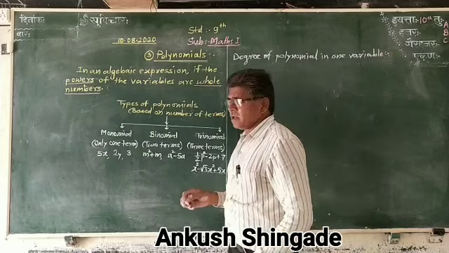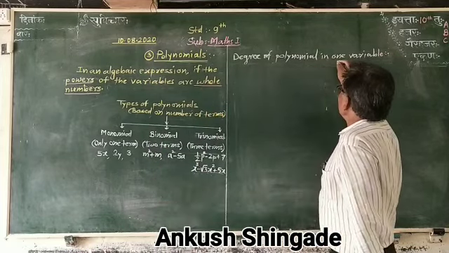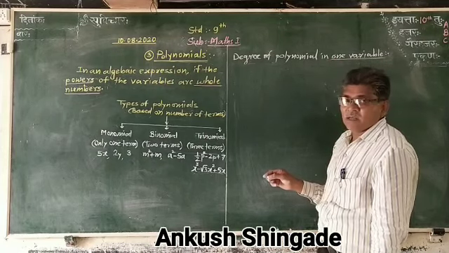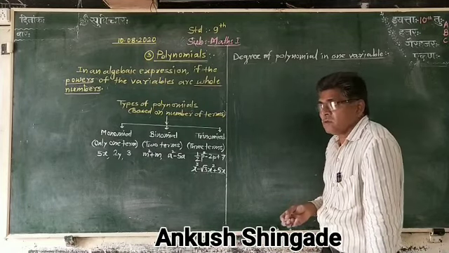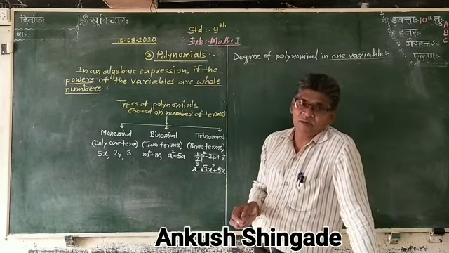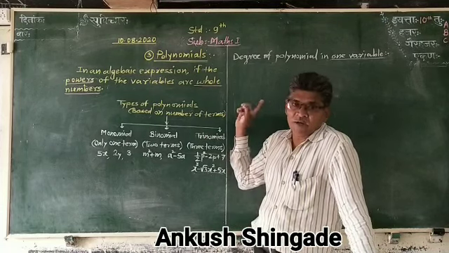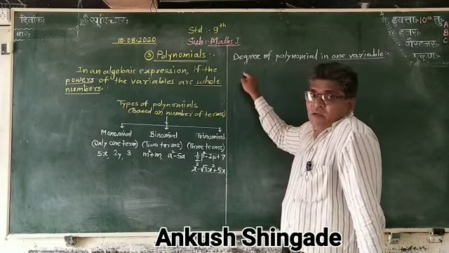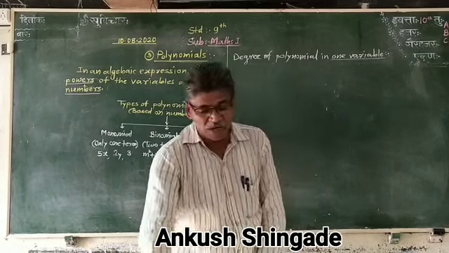The definitions are different there: degree of polynomial in one variable and degree of polynomial in more than one variable. There are two types of polynomials: polynomials in one variable and polynomials in more than one variable. So first we have to find the degree of the polynomial in one variable.